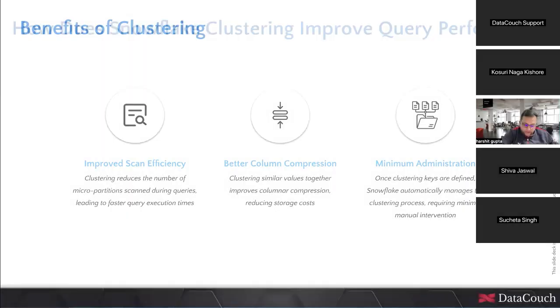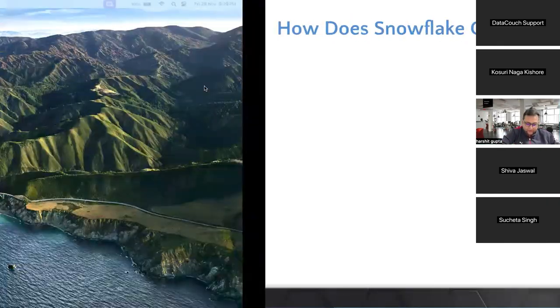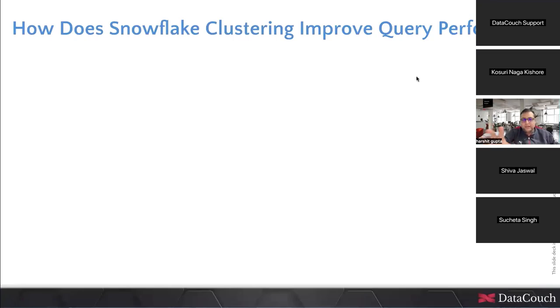Let's see how it actually works behind the scenes. Whenever we run a query, say in the previous scenario, there is an orders data set and a user running a query to extract the data.